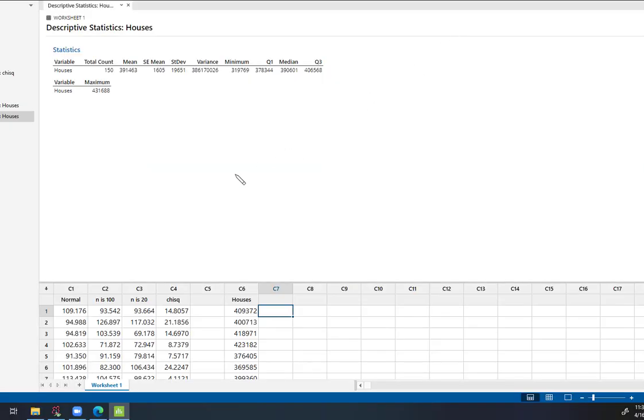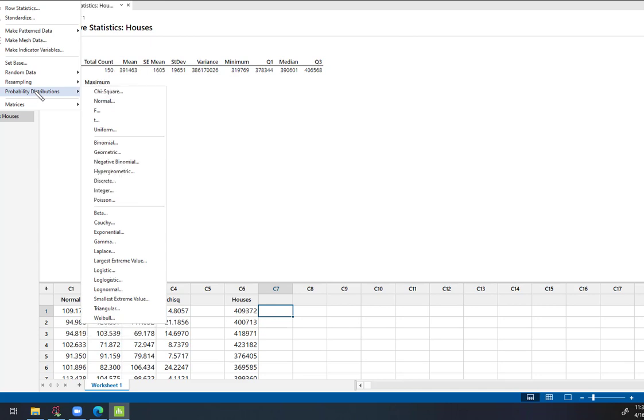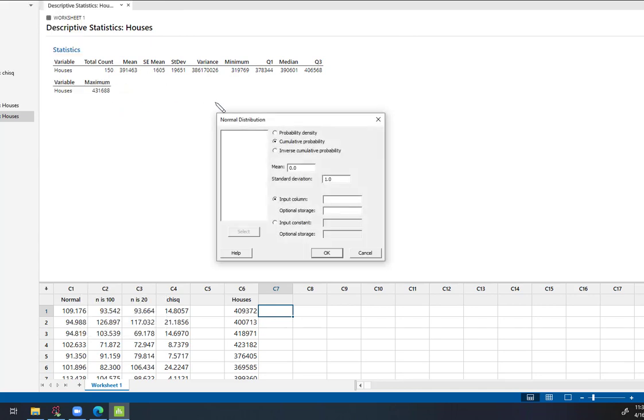Welcome back, Minitab. Now let's calculate probability distribution, and it's a z, so we'll say normal. And I want to find a point on the horizontal axis, so I'm going to use inverse cumulative probability.